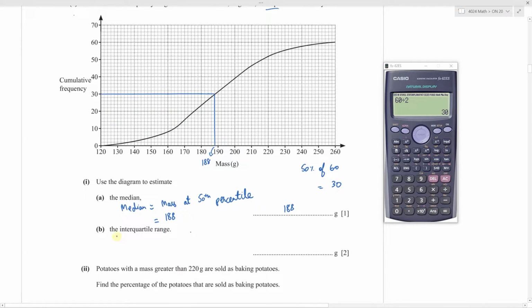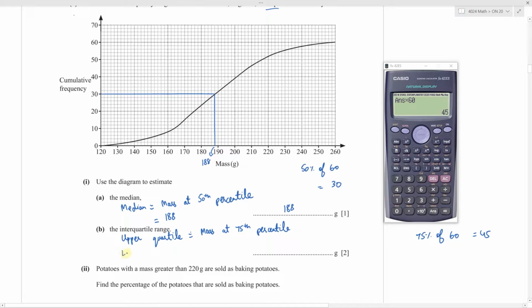The next value that you have to find is the interquartile range. Your interquartile range is your upper quartile value minus the lower quartile. So let's find the upper quartile first. The upper quartile is the mass at the 75th percentile, and your 75th percentile will be 75 divided by 100 multiplied by 60, so this is 45.